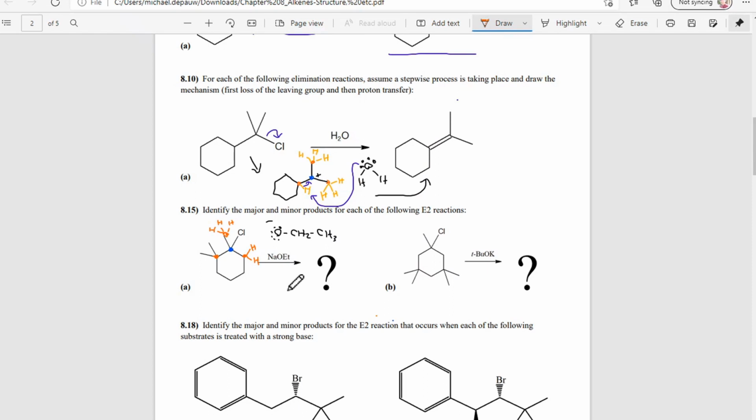Probably the one furthest to the right. There's a little rule that you can remember. Markovnikov and Zaitsev. Those 2 rules can be summarized by the rich get richer and the poor get poorer. So whichever one of the beta carbons is poorer in hydrogen, that's the one that's going to lose its hydrogen.